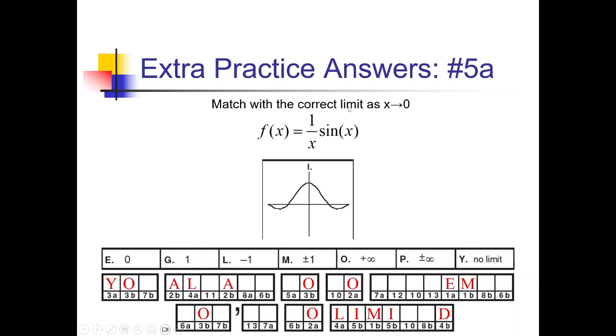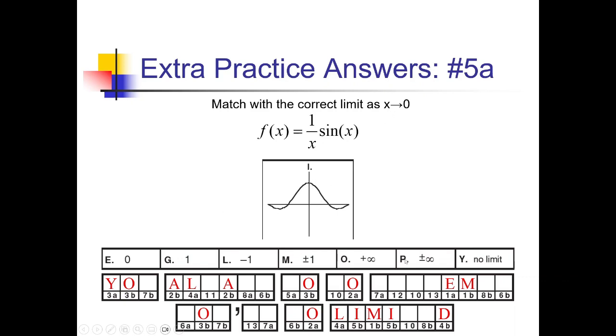If you plug 0 in for the x value in this function, 1 over 0 gives me undefined. So it would seem that the function value does not exist, but it looks like the limit exists. We're heading towards the same positive y value as we go from the left and the right. And that's part of why I wanted to look at these graphs. So what y value might this be, even if it comes out technically undefined when we plug in 0?